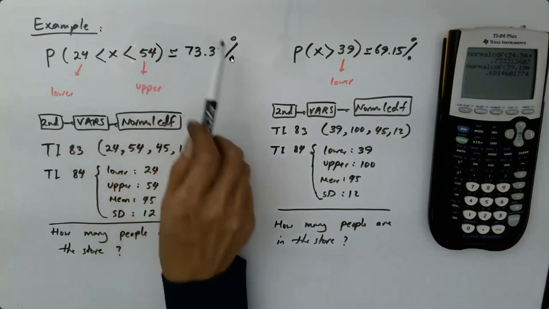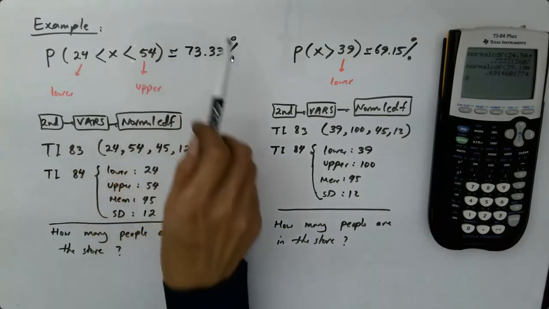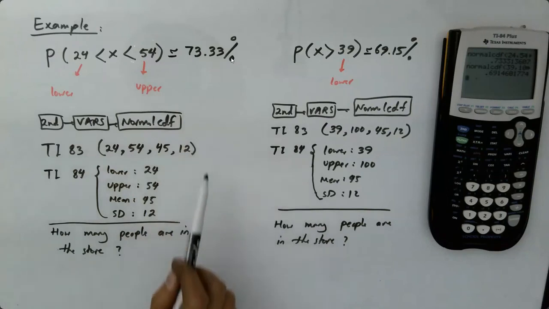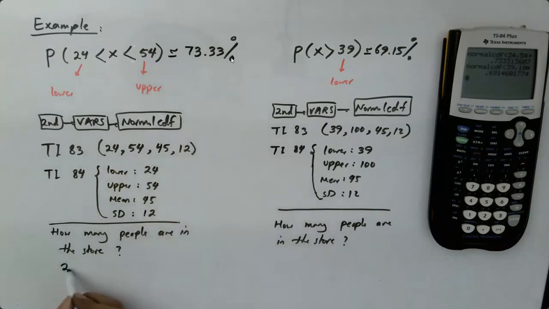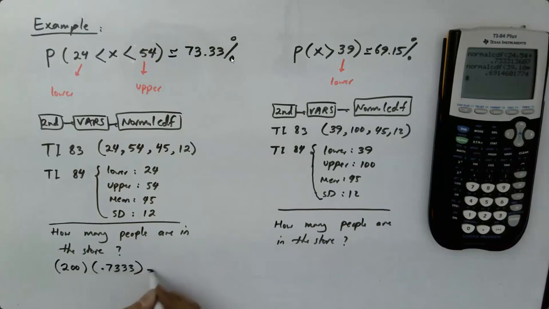We have the probability, we have that area. We just need to do the multiplication: 200 people times 73.33%, or just 0.7333.